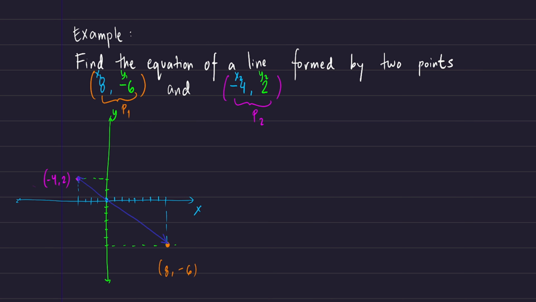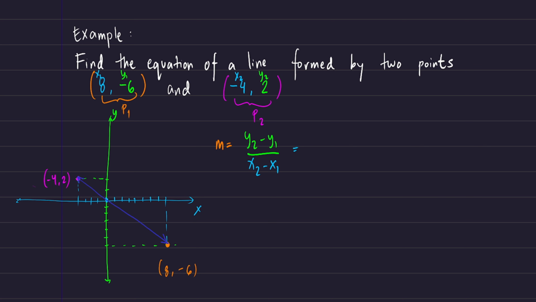And we are going to find the equation of a line formed by these 2 points. When we are asked to find the equation of a line, hanapin muna natin yung slope. So, ang slope ay equal sa y sub 2 minus y sub 1 over x sub 2 minus x sub 1.